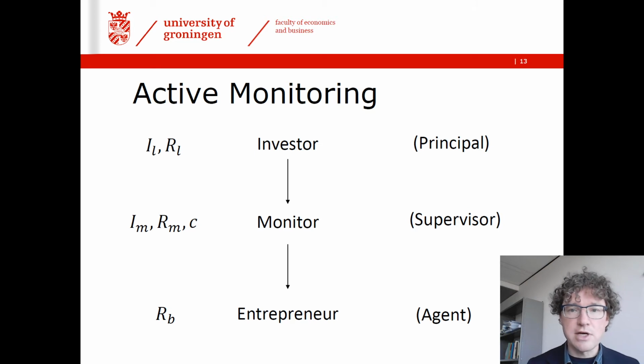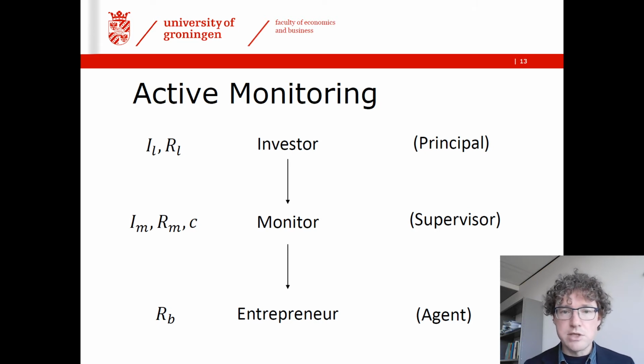So in terms of this principal agent model, what do we have? We still have the outside investors, so the monitor doesn't take up all investment requirements. There's still the principal, who is the outside investor who has no information, who's going to invest IL, the lender's share again in these investment funds, and will get a share RL in the positive outcome if there is success.